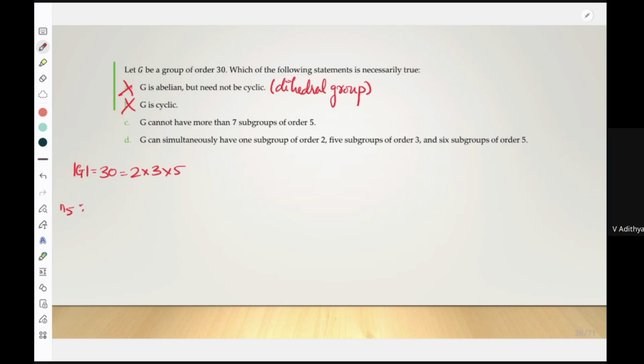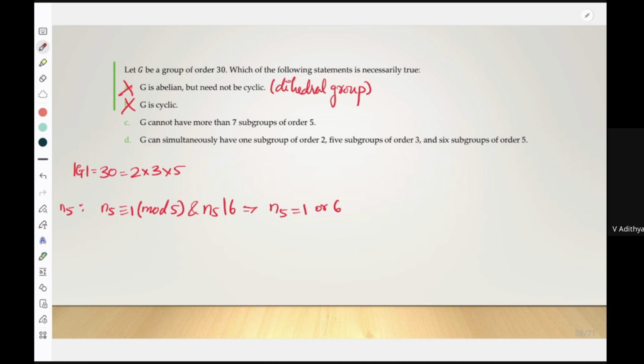What are the conditions we have on N5? N5 is congruent to 1 mod 5 and N5 divides 6, that is 2 times 3. So N5 equals 1 or 6. So you can have either 1 Sylow 5-subgroup or you can have 6 Sylow 5-subgroups.